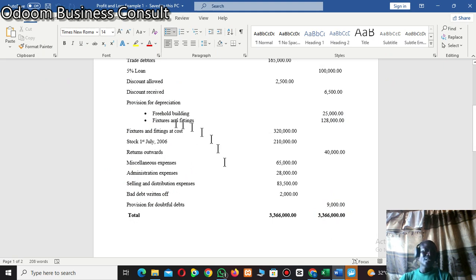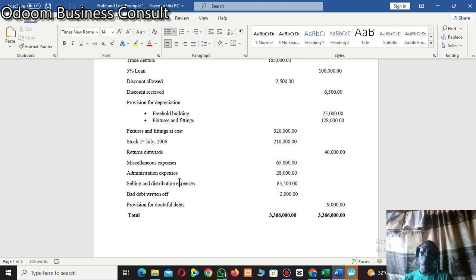If you see any expenses on the trial balance, it means that amount has been paid for.